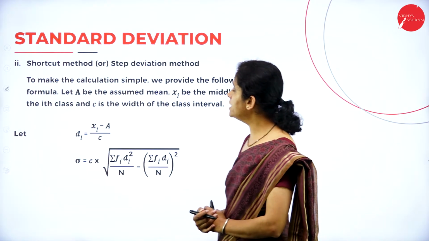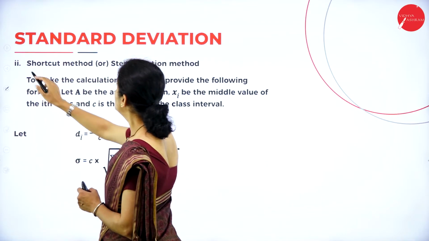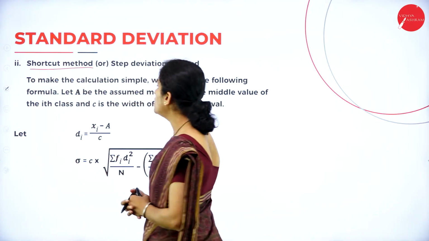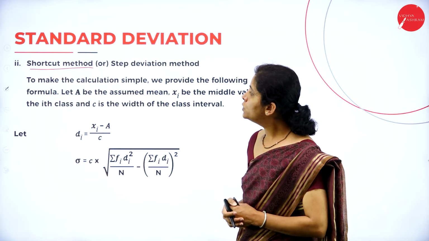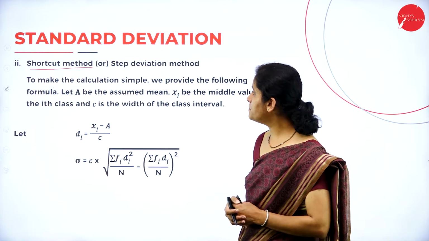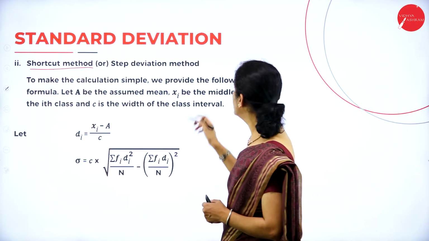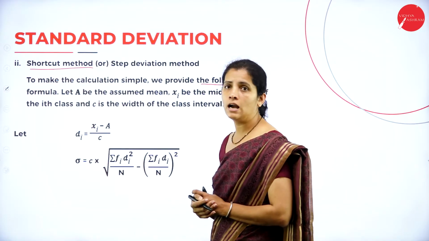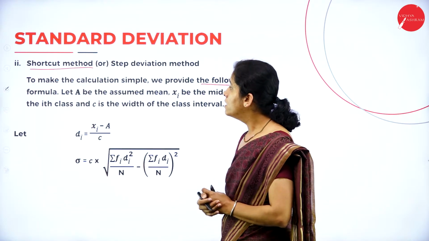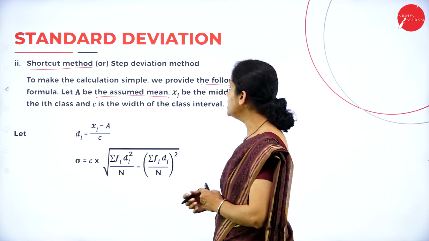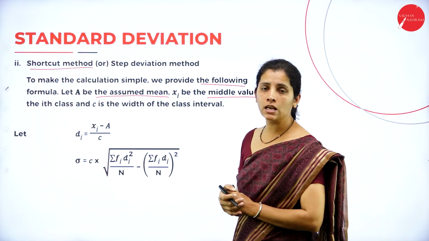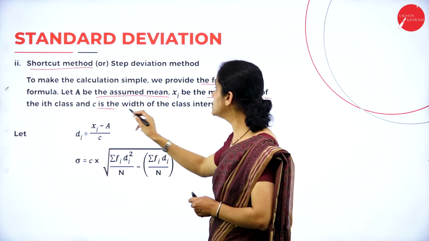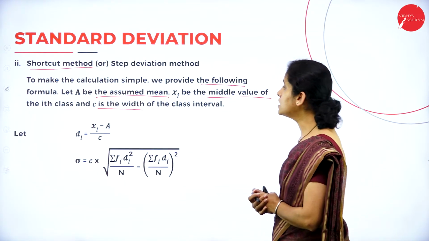So, dear student, I'm going to have the shortcut method or step deviation method. Now, to make the calculation simple, we provide the following formula. Let A be the assumed mean, xi be the middle value of the ith class, and c is the width of the class.